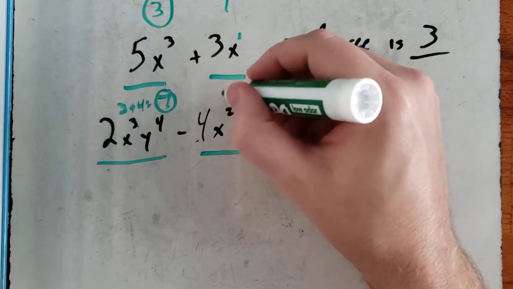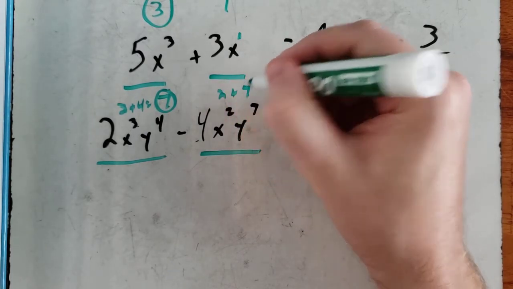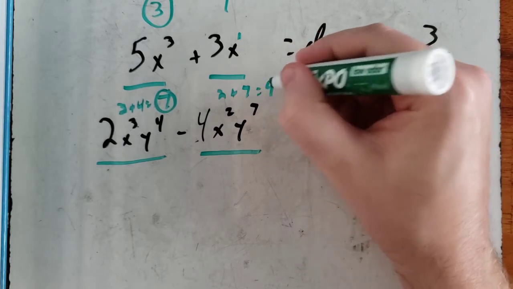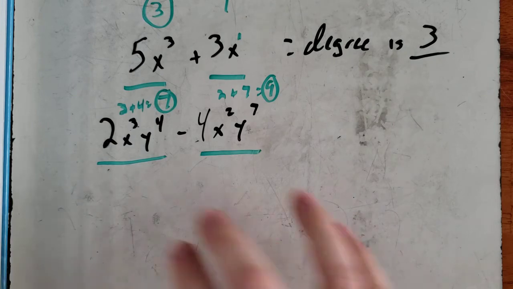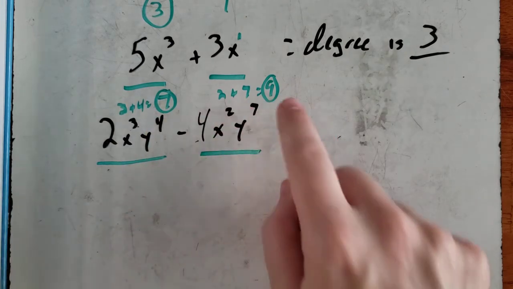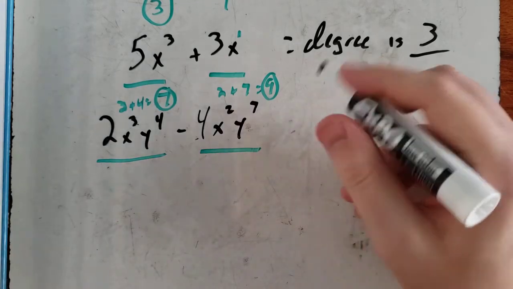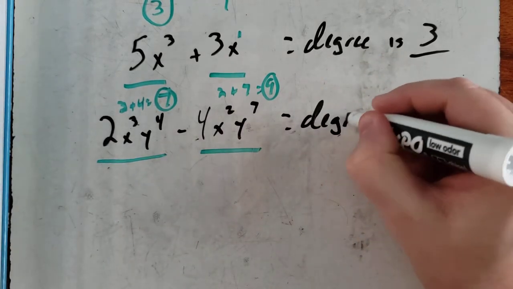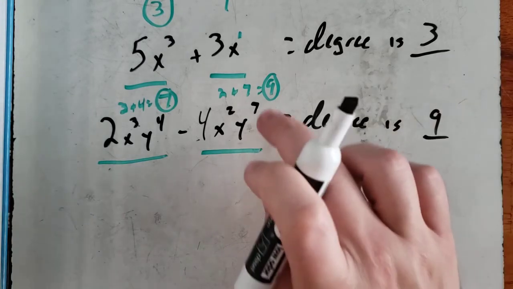We add them up, 2 plus 7, and that equals 9. Now, to find the degree of the whole thing, which one's higher, 7 or 9? Well, 9. So our degree for the whole thing is 9.